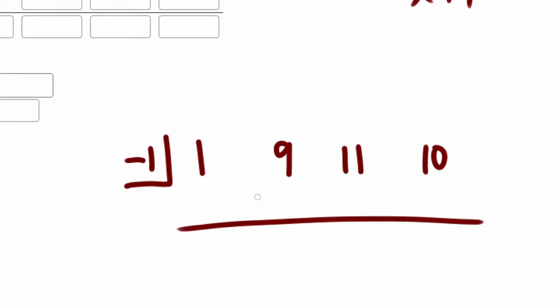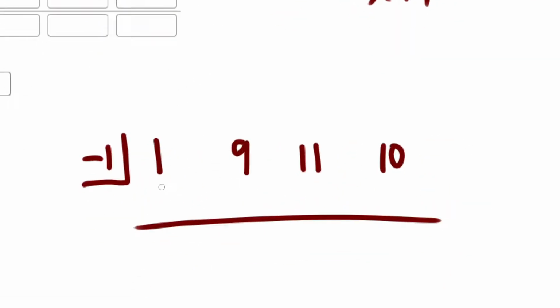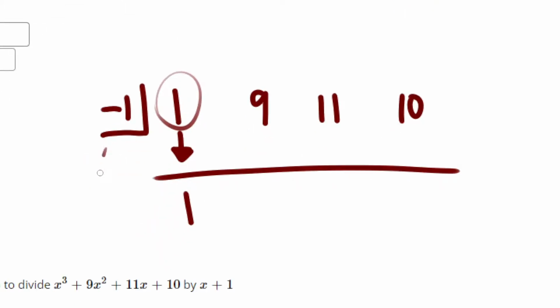Another thing to know with synthetic division is we're going to drop this first number down. This gets dropped down. And then you say, what is this number times our number in our box? That's going to be negative 1 in this case. Then we add these together. So 9 plus negative 1 is 8.